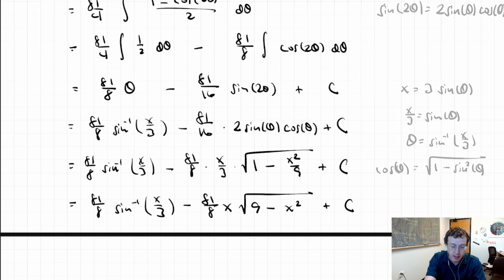And by I mean Wolfram Alpha. Okay, I do appear to have made a mistake somewhere.